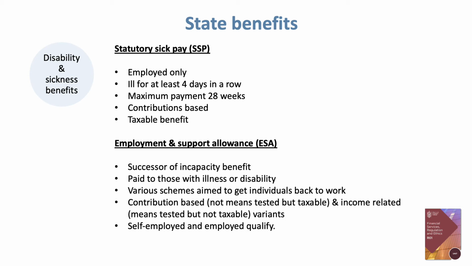Under normal circumstances, SSP is only payable to those that are employed. You need to be ill and off work for at least 4 days in a row to be paid anything through statutory sick pay. Generally speaking, once it starts, it's payable for up to 28 weeks or until you return to work. Your entitlement is based on contributions that you make to NICs.